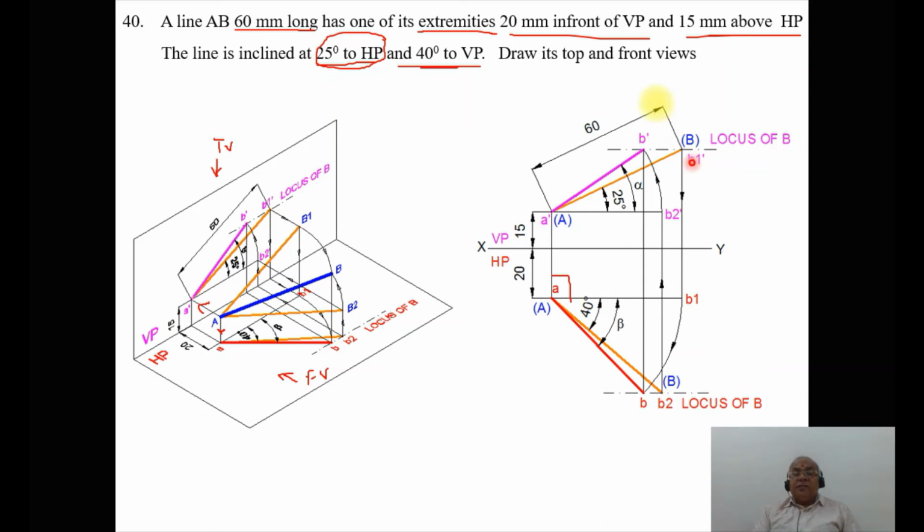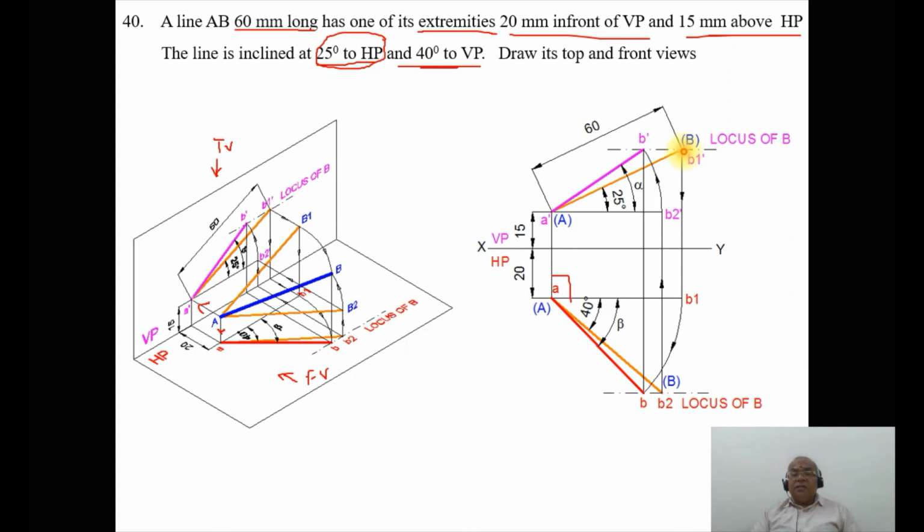Here, first we consider A dash, B1 dash, and you write capital A and capital B, and here you have the locus of B. Similarly, you mark this point as A and this point as B2, and write capital A and capital B, and this is the locus of B. As we have considered the true length in the front view, that line should be parallel to the XY line in the top view.